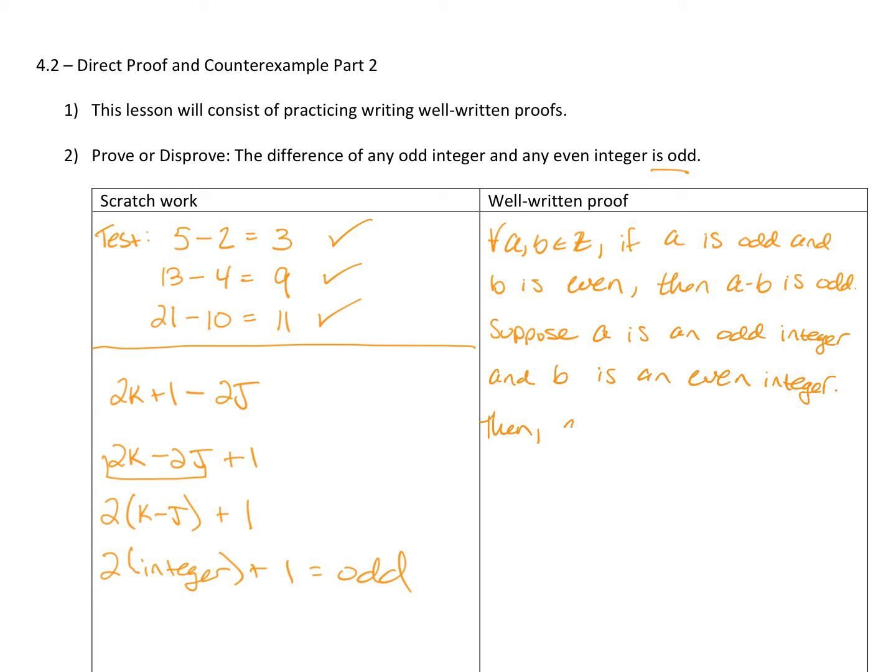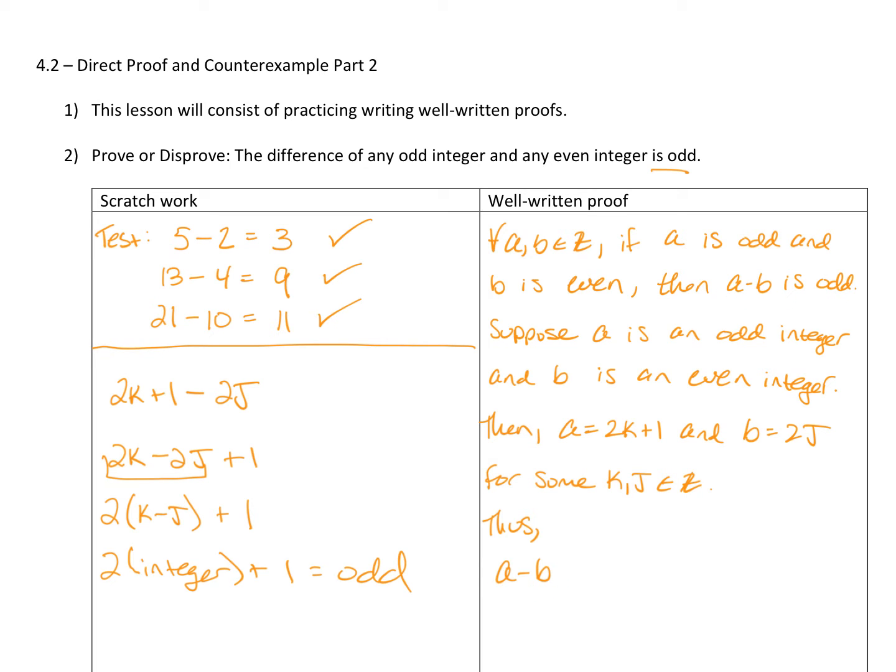Then a is 2k plus 1 and b is 2j for some k and j in the integers. Thus, the difference, a minus b, which is what we're trying to prove, is odd. We're trying to show that a minus b is odd.